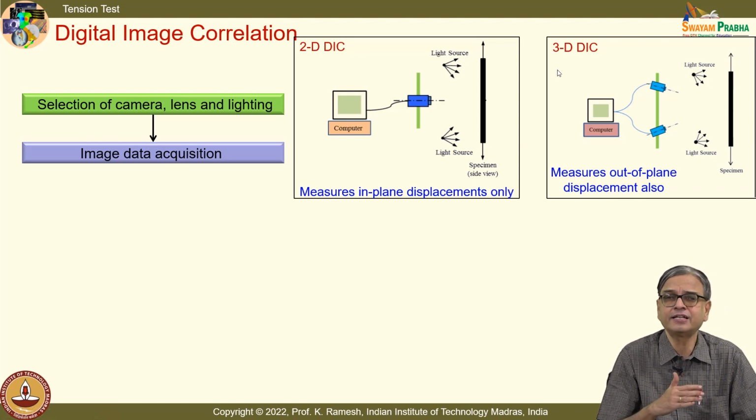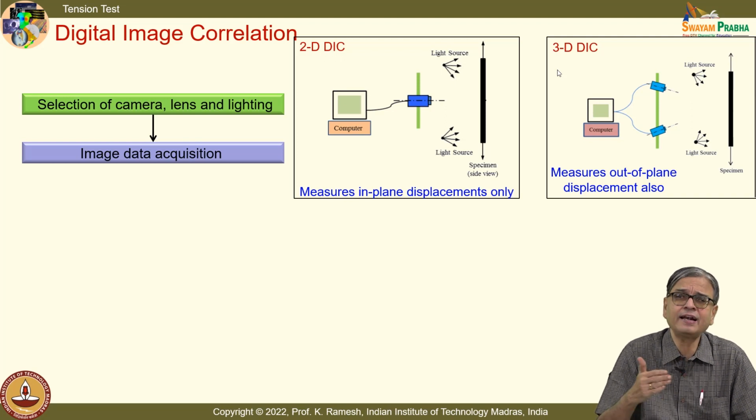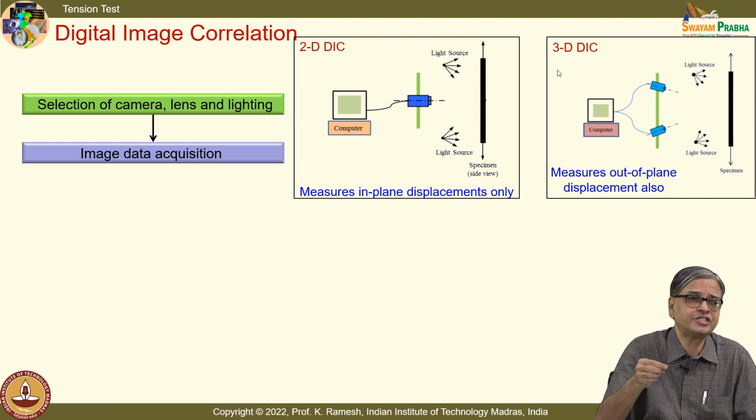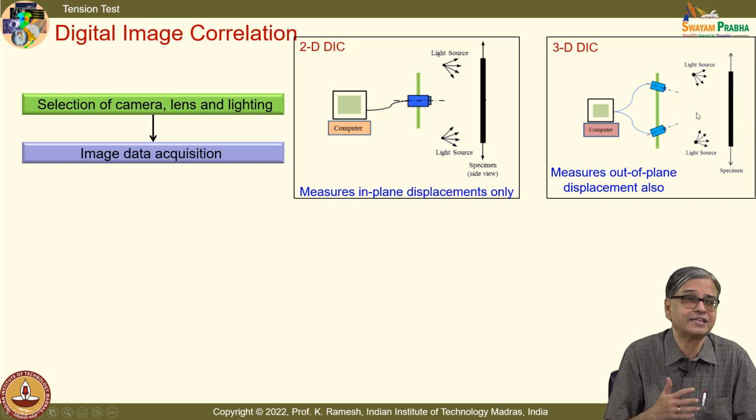In a two-dimensional DIC, you will not be in a position to accommodate the thickness change of the specimen in the three-dimensional direction, the Z direction, the direction in which you are looking at it. If there is a thickness change, you will not be able to measure it.